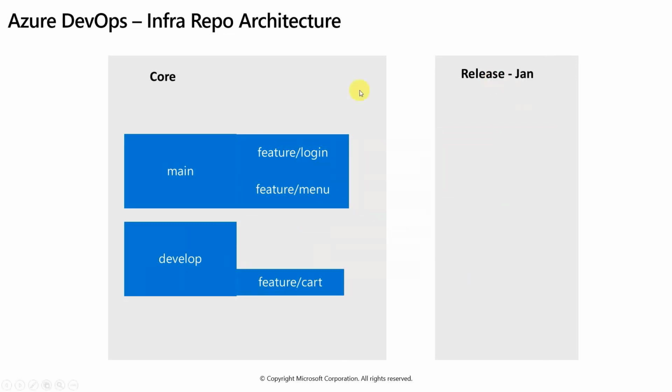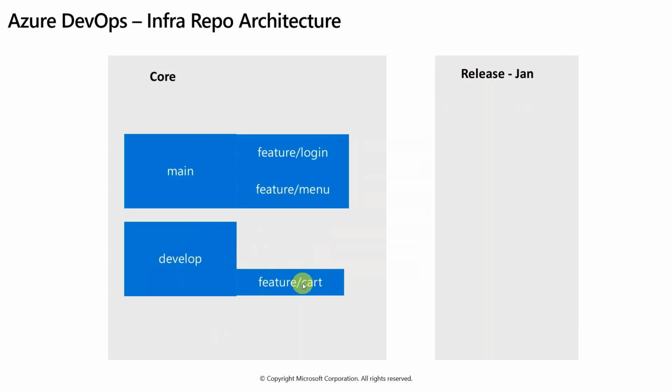So at this point of time, main and develop are almost in sync, but develop has an additional feature called cart. So we did not deploy this to production because the go-ahead is not given yet by management. And plus there will be additional features that developers might be doing when the release is happening. At least a few additional new things might be there in develop along with cart.